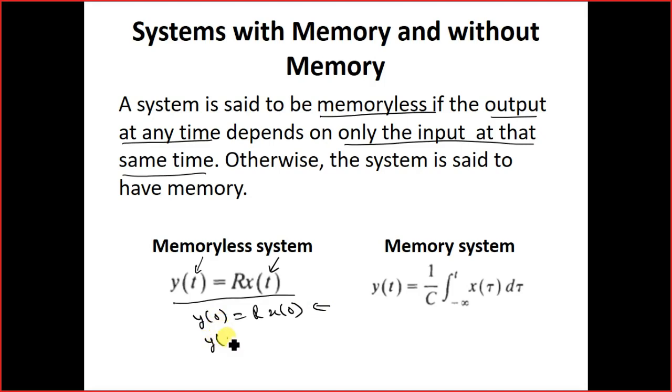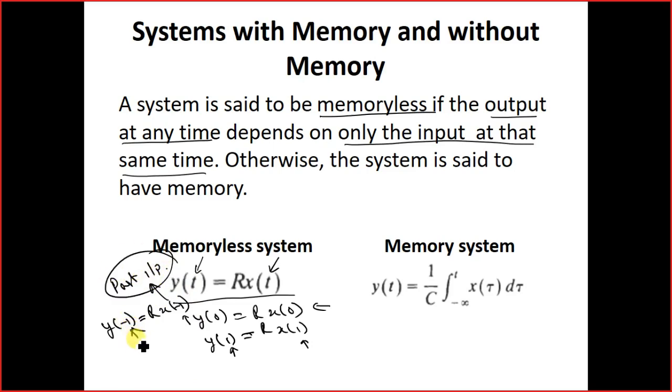Similarly, if you go for y(1), it will be r of x(1). See, the time instances are both the same. Similarly, on the negative side, y(-1) would be equal to r of x(-1), right? Same instance. So it is not dealing with any of the past inputs.